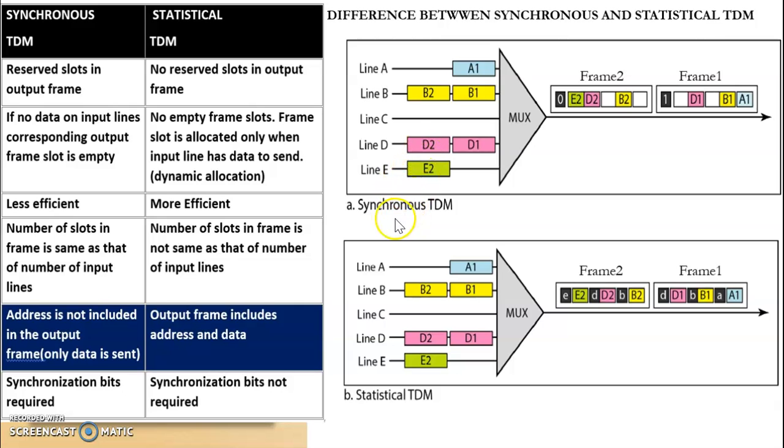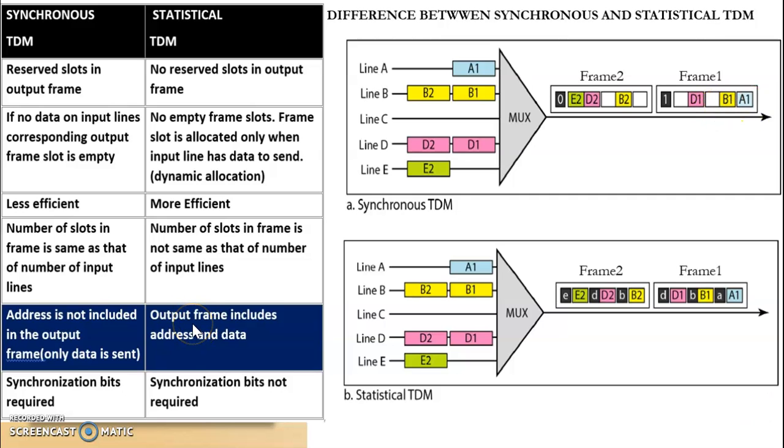So over here in this figure of synchronous time division multiplexing, we can see that the address is not included in the output frame, only data units are sent. So these are only the data units. Now in synchronous time division multiplexing, addressing is not required because the frames are already synchronized and also there are reserved slots in the output frame.